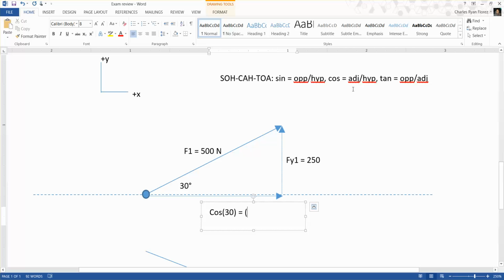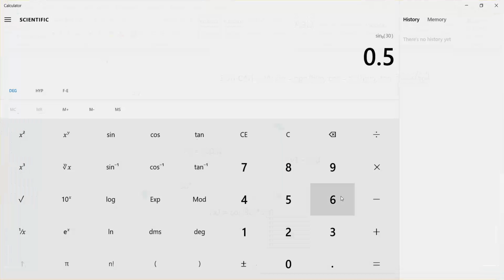So in the equation we have the adjacent value, which is what we don't know, which is F of x1, divided by our hypotenuse, 500. Same idea. So if we solve for F of x1, we end up with, oh, I'm sorry, why did I say sine? Cosine of 30, sorry, times 500. And I think cosine of 30 is like 0.866.